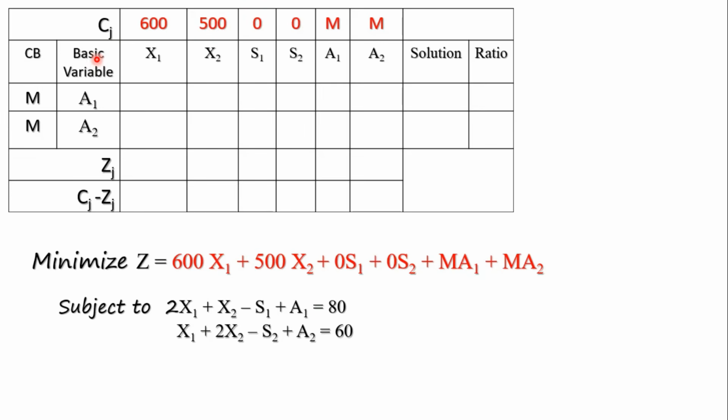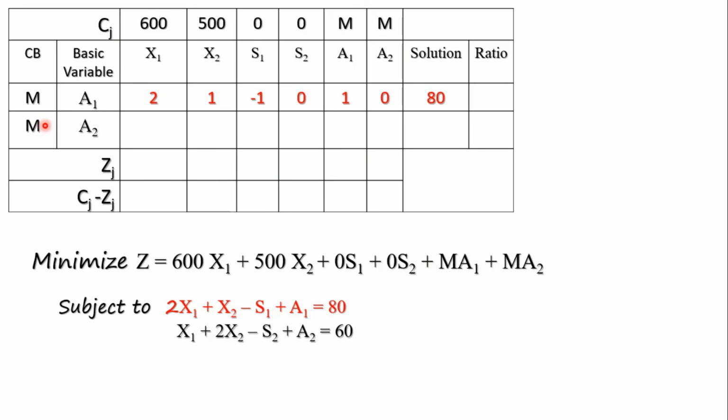Now the basic variables are a1 and a2 whose coefficients are M and M. Next we substitute the constraint values here: 2, 1, minus 1, 0, 1, 0 and 80.